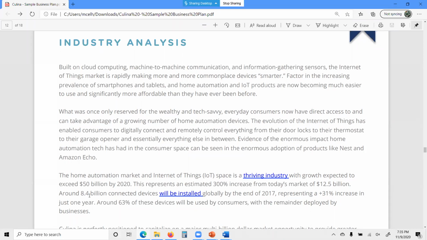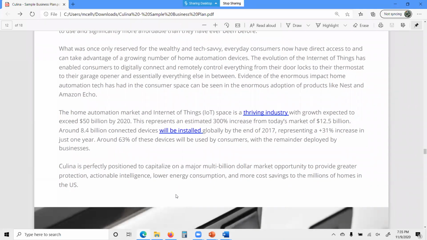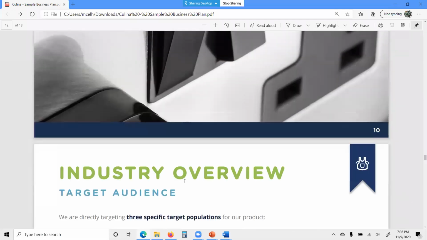The estimation was that we'd have about 8 billion connected devices installed globally by 17. Things like Alexas and things like that. So they say, hey, this is the perfect time. We're getting positioned now before the growth really happens. So we want to get established now. This would be a good time to jump in with an investment.